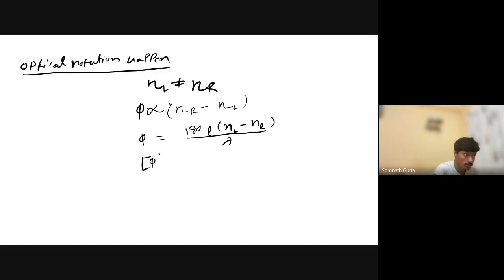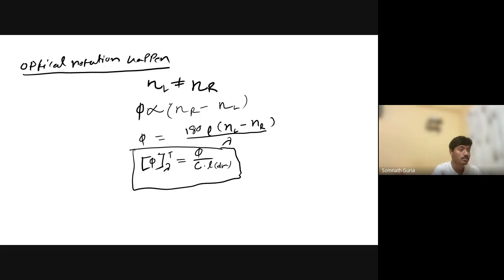Phi actually depends on the lambda and the temperature, and on C and L. So this is the mathematical term we found over here. Phi is the amount of rotation.